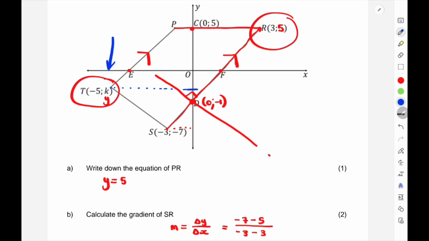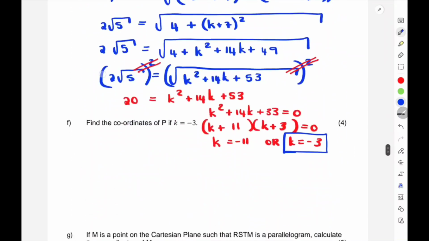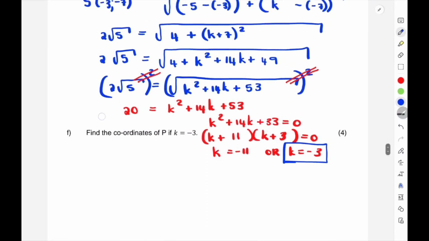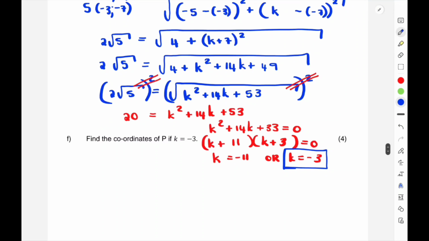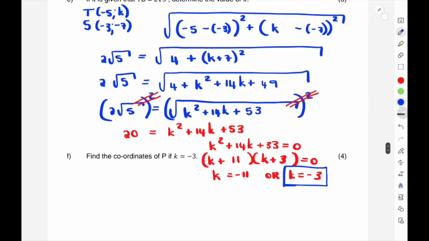Okay, and that's why perhaps they were so explicit to say that the diagram was not drawn to scale, because over here it looks like it should be smaller than negative 1, but we do know definitely it's not below here, so it can't be smaller than negative 7, sorry, bigger than negative 7, so it should be k is equal to negative 3.